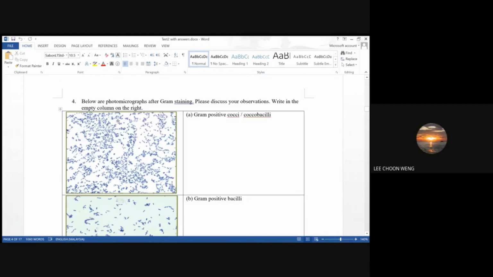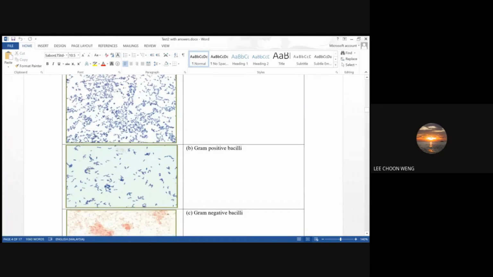So these are photomicrographs after gram staining. So photomicrographs means these are the photographs taken under microscope. Okay, so these are typical appearance of a bacterial cell after gram staining. The distribution is random.